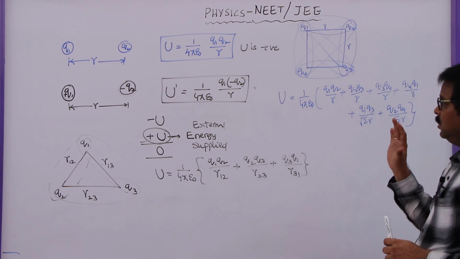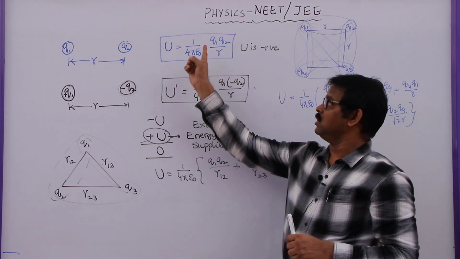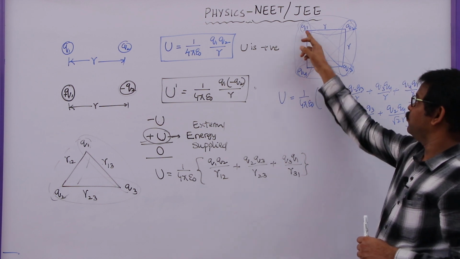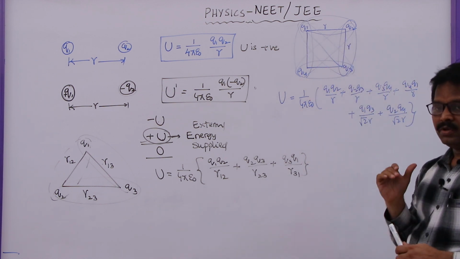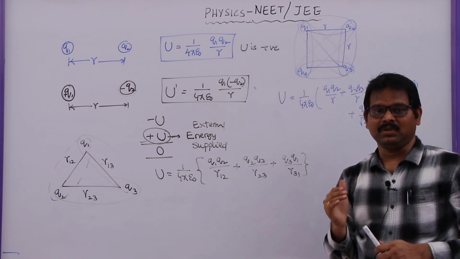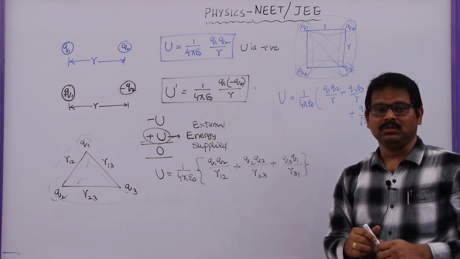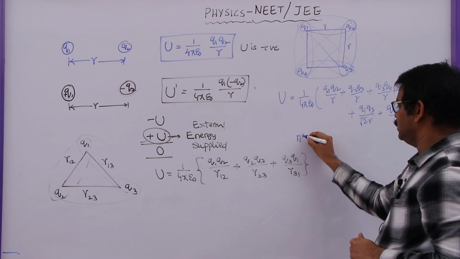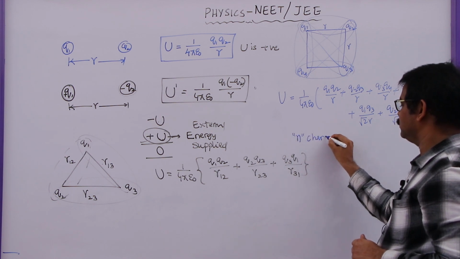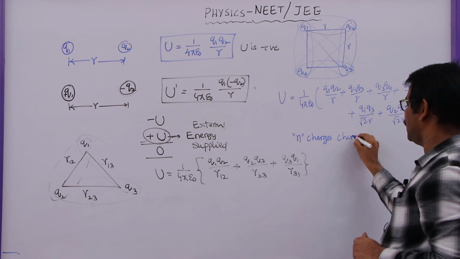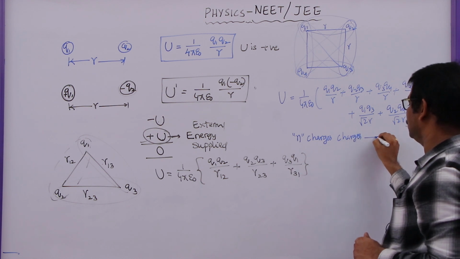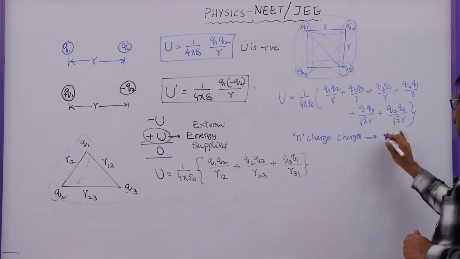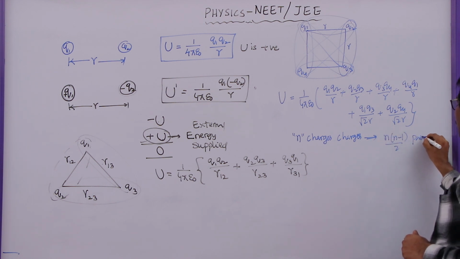Suppose if we observe this, for 2 charges there is only one term, for 3 charges we have 3 terms, for 4 charges we have 6 terms. So there must be a relation between the number of charges and the number of terms in the potential energy equation. If there are n charges in a system, then n times (n minus 1) by 2 pairs are available.